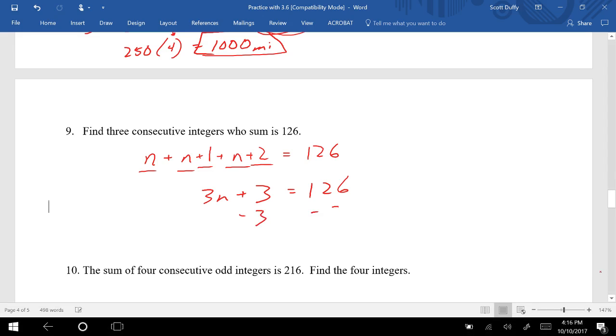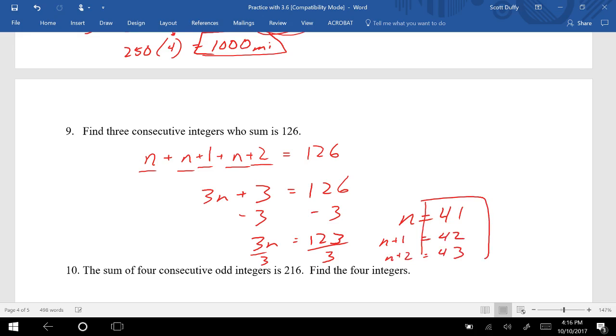Subtract 3, 3n equals 123, divide by 3. 123 divided by 3 is 41. So n is 41, n plus 1 is 42, and n plus 2 is 43. Those are my 3 consecutive integers.